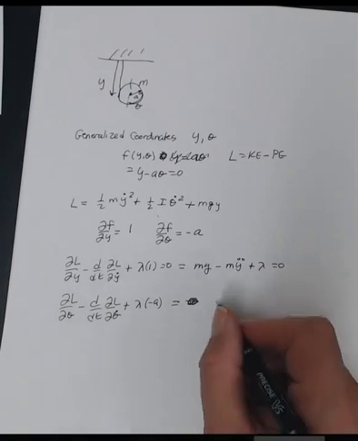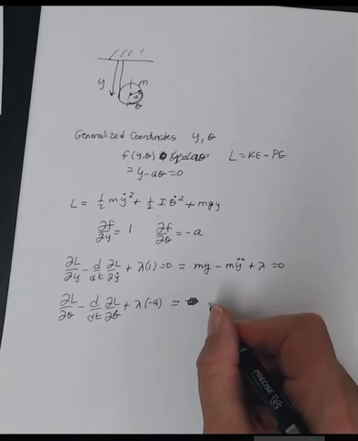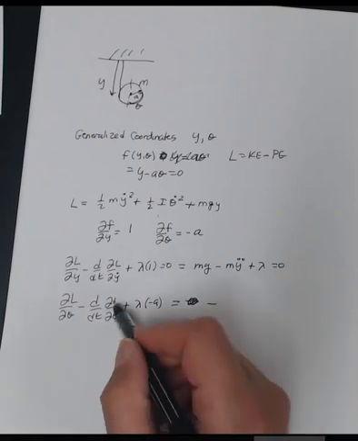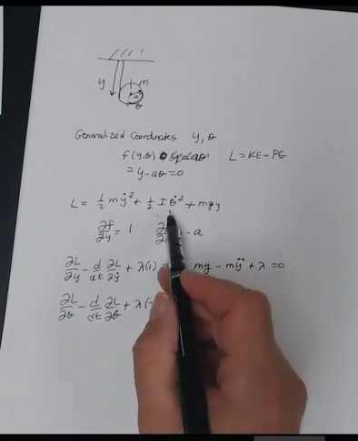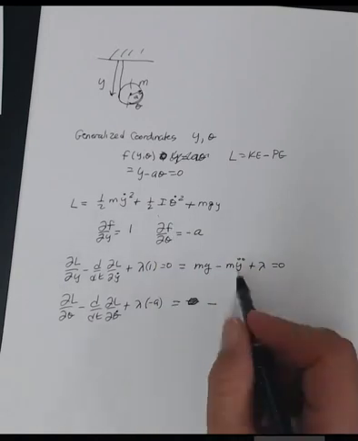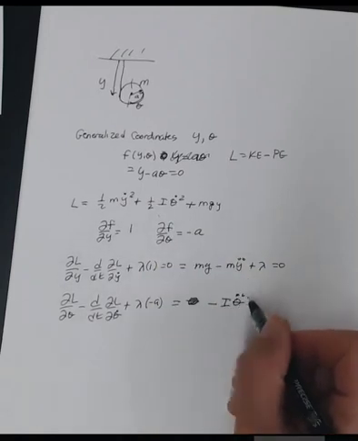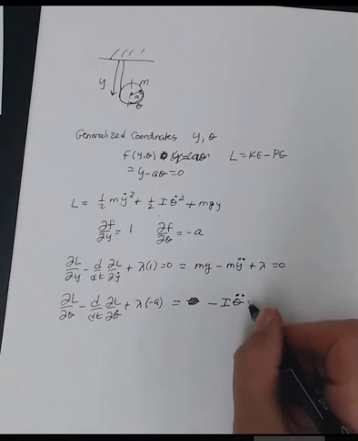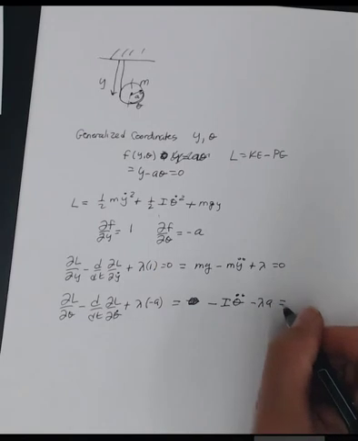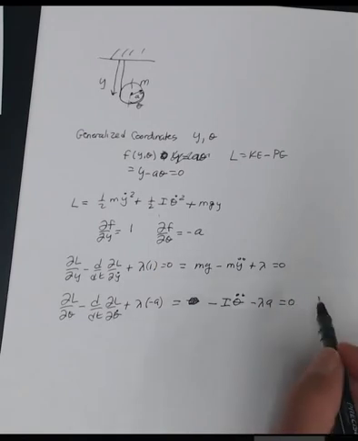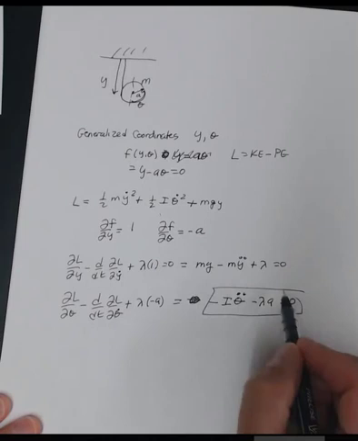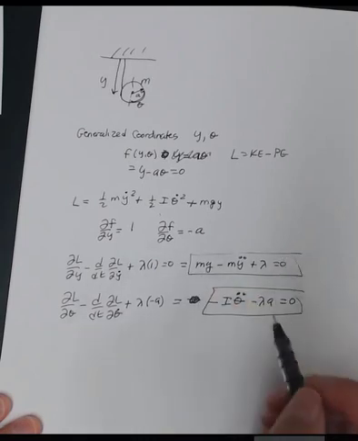Yeah, I get 0 minus the derivative with respect to theta dot, which is just I theta dot, and I is a constant, so when I take the time derivative, I'll get I theta double dot minus lambda a equals 0. So I have these two equations.